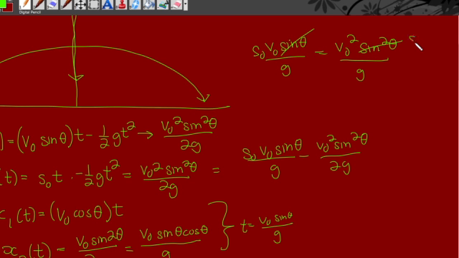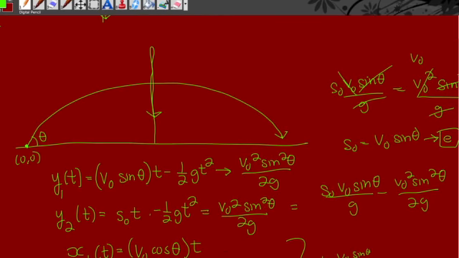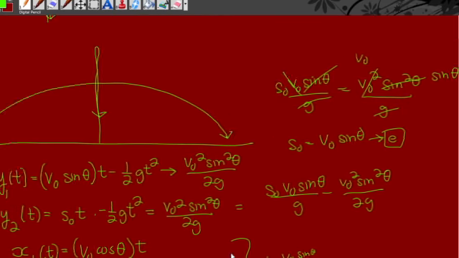And we can get rid of a sine theta, one v naught, and the g, and we get s naught is equal to v naught sine theta. And yeah, so that is how you would solve that problem.